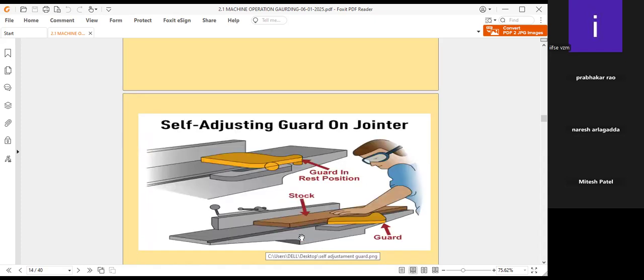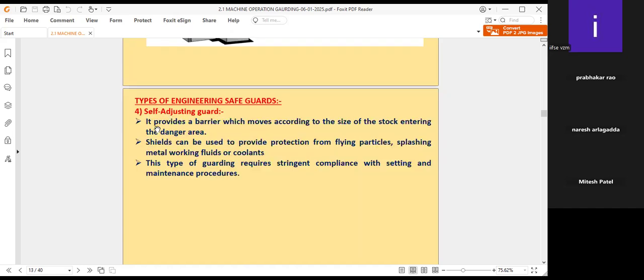For example, in paper cutting or wood cutting, depending on the adjustment, they put the handsaw in by hand, fix it, and the cutting will start. Self-adjusting guard on a jointer. Therefore, self-adjusting means it provides a barrier which moves according to the size of the stock entering the dangerous area. It's very, very important.